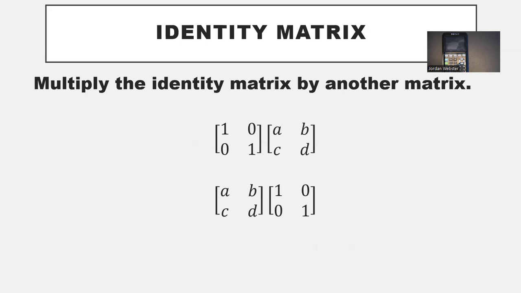If I multiply on the right by the identity matrix, then A, B times 1, 0 is A. A, B times 0, 1 is B. C, D times 1, 0 is C. C, D times 0, 1 is D. So once again, I get the matrix back.